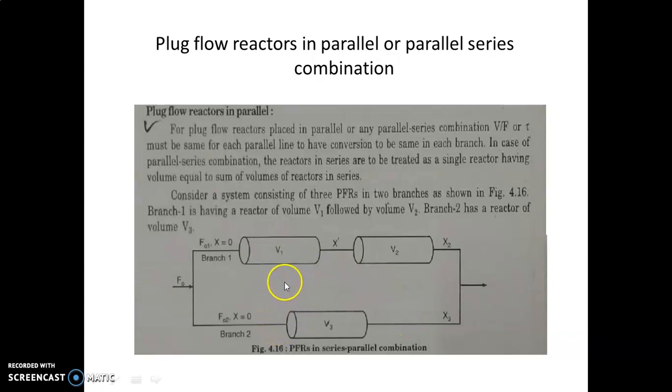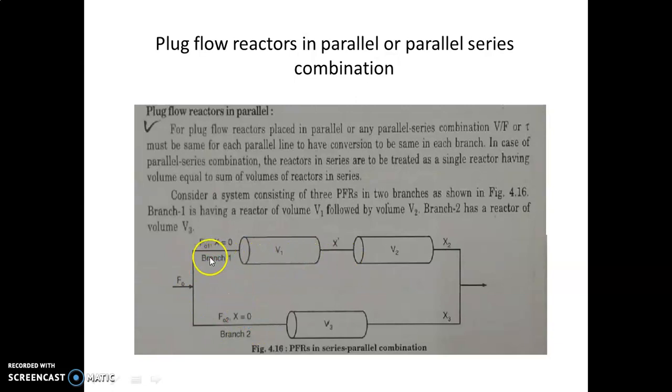So this is the first reactor V1, this is V2, and this is branch 1. For branch 1, this is the initial molar flow rate F0. This flow rate is distributed between 2 branches.